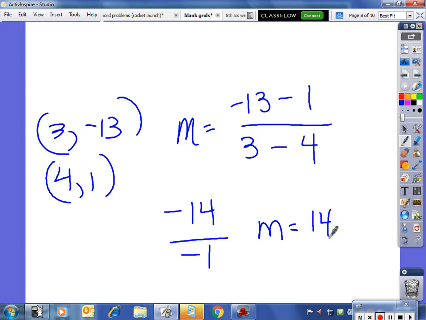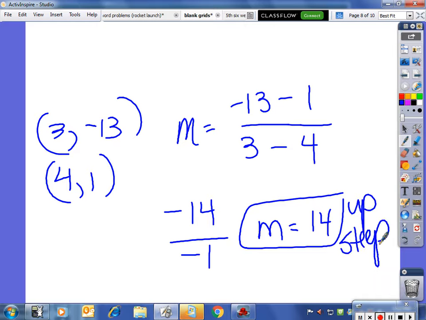I got 14 for my slope. Okay, so that's part of my answer. The actual numerical value of the slope is 14. Is this going up or down? Why is it going up? Because it's positive. Is it steep or flat? It's steep. Why is it steep? Because it's bigger than 1. It's really steep.